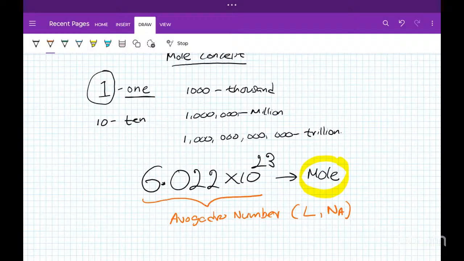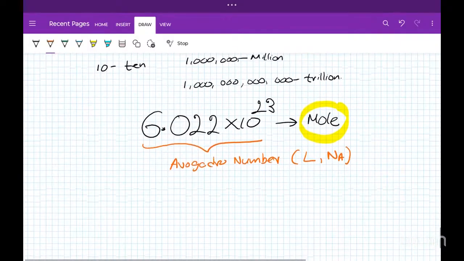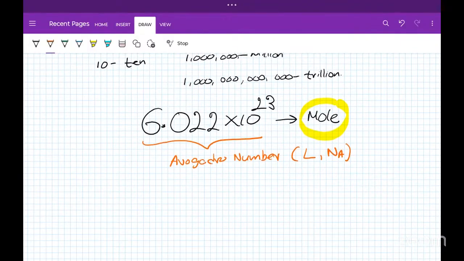You take pens, 6.022 into 10 to the power 23 pens, we can say 1 mole of pens, right? Now, if I take 1 mole of ants, it means there are 6.022 into 10 to the power 23 ants.